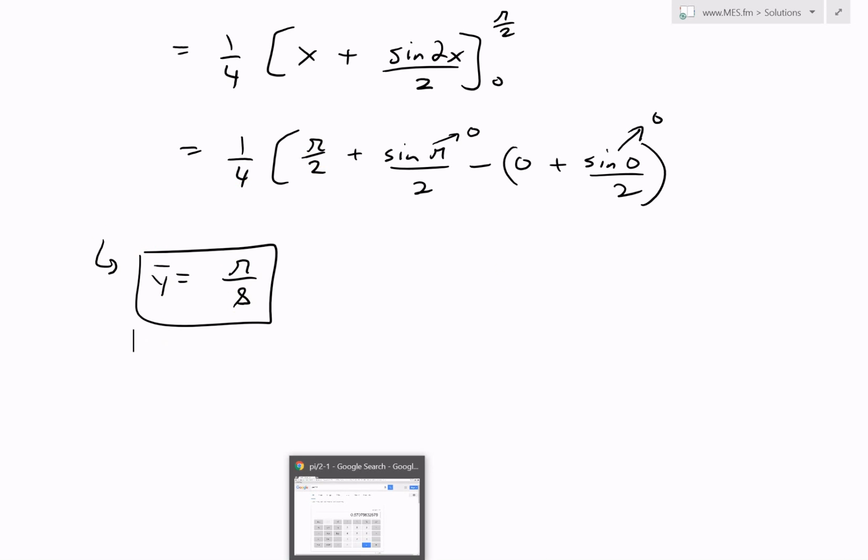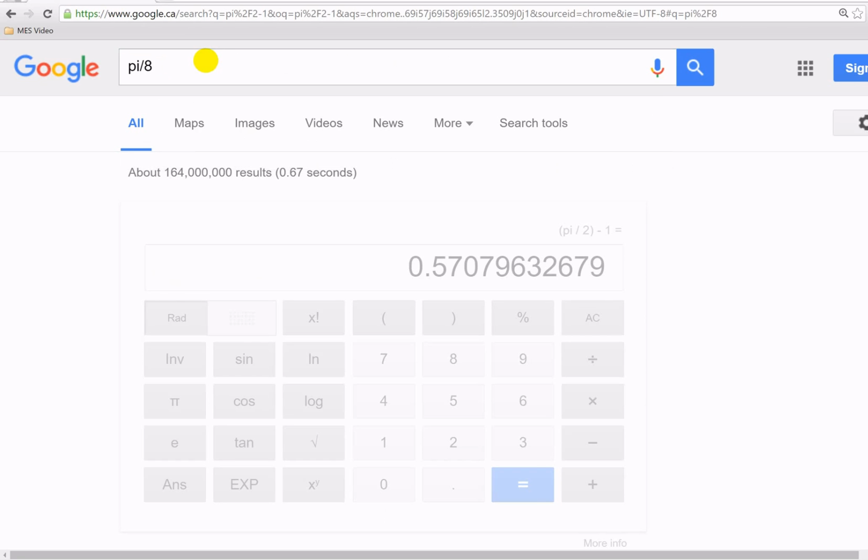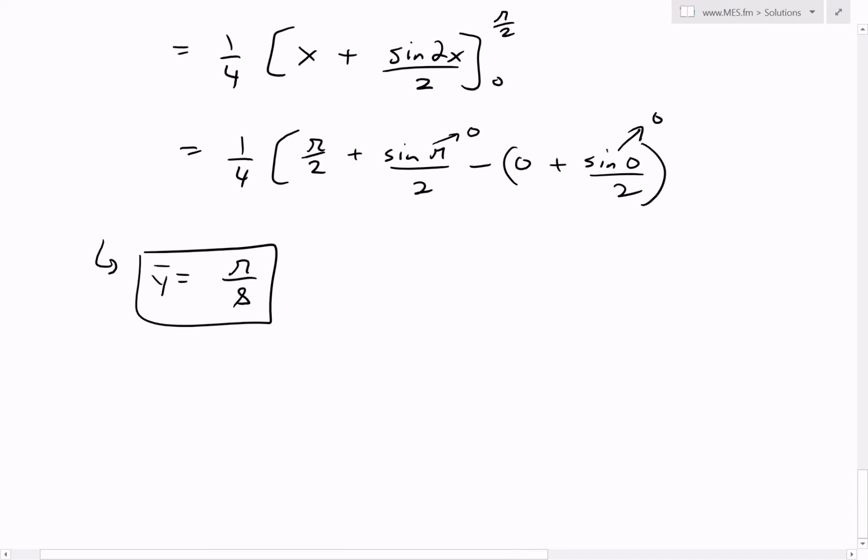And again, solving this using Google Calculator, we get pi divided by 8. This is 0.3926, or round up to 0.393.